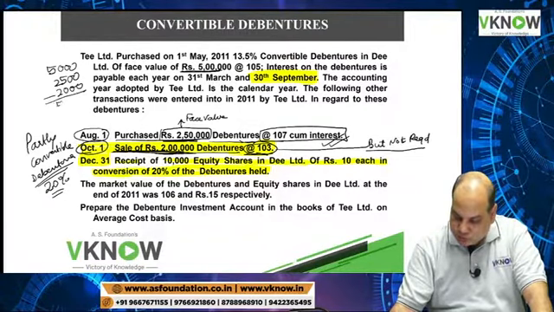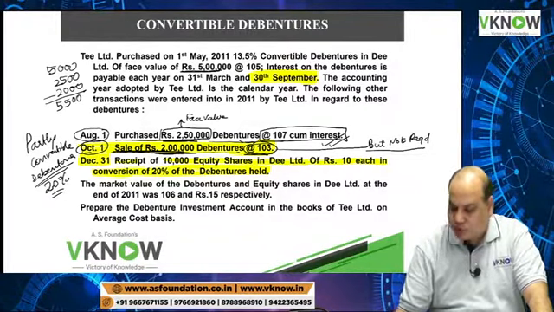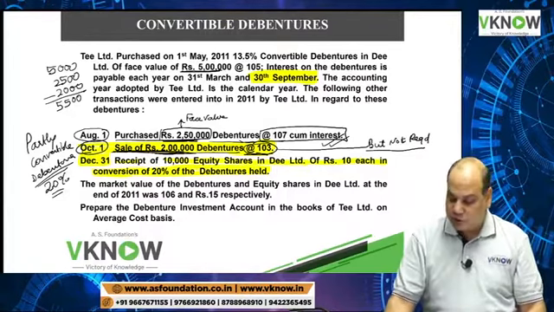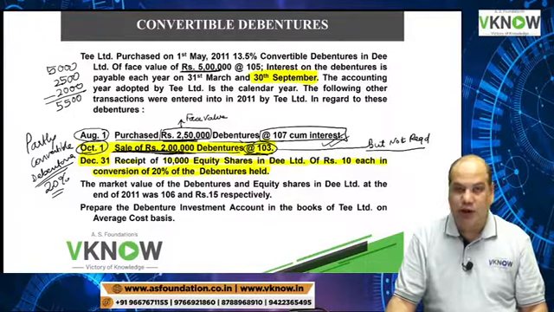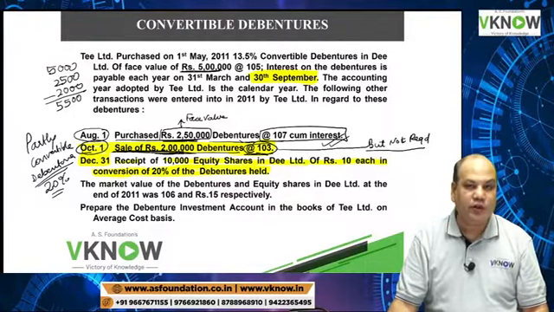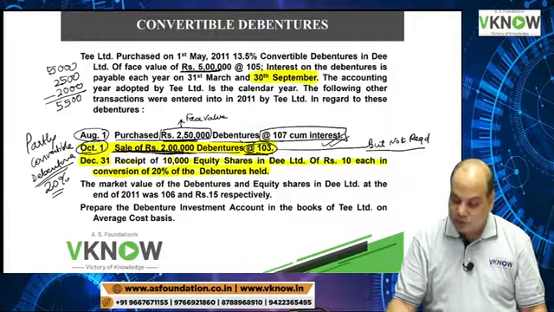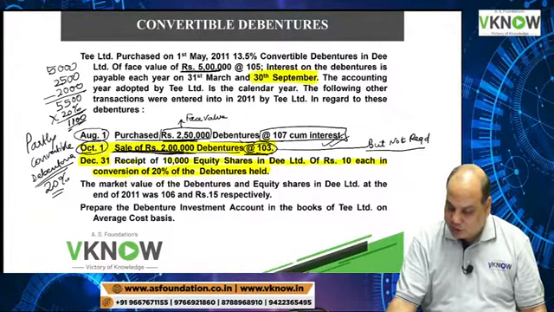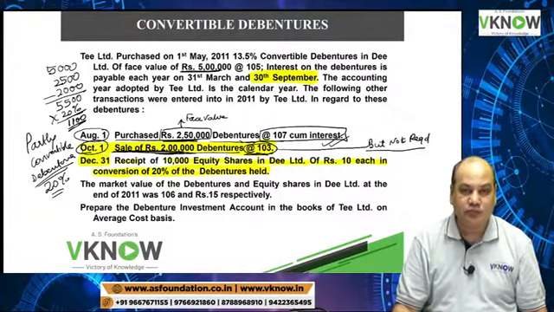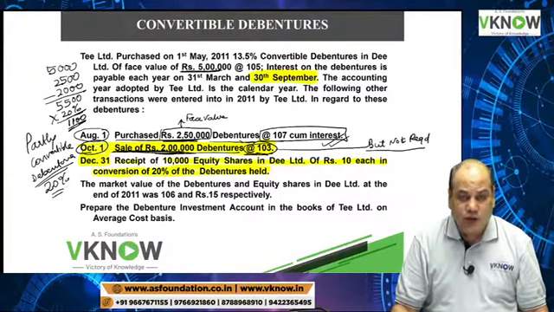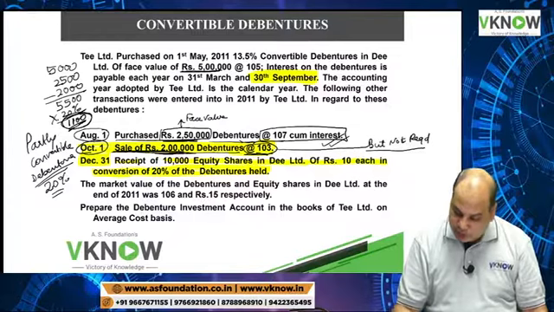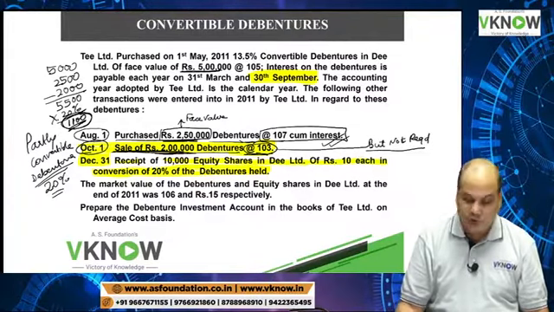So total debenture we were holding was 5,500. 5,000 purchased, again purchased 2,500 and minus sold 2,000, into 20%. So 1,100 debentures. 1,100 debentures got converted into equity share.